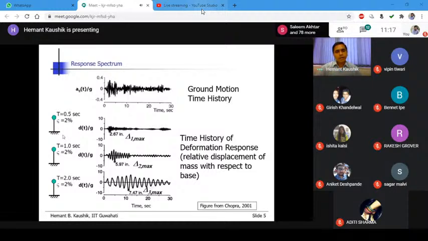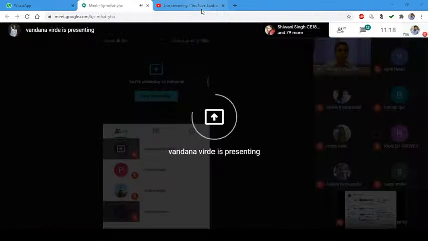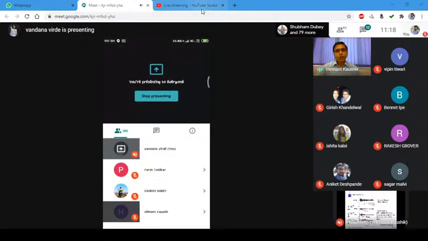And if I can measure that vibration in terms of displacement of this mass, I can plot it. For every instance, I will get this displacement. It is also called displacement time history or time history of deformation response. So I will get the relative displacement of this mass with respect to the base, and I can plot that here.